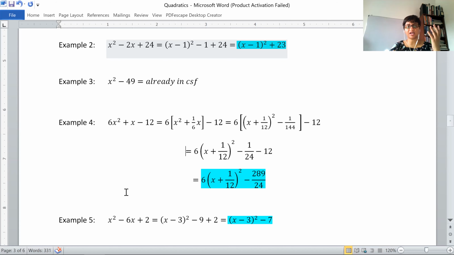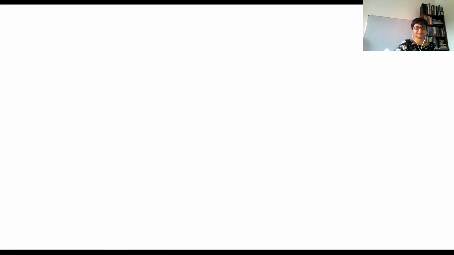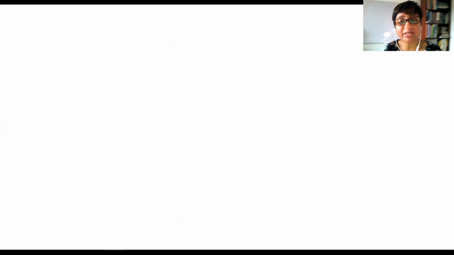So Aisha, you give me an expression. The weirdest, the ugliest looking quadratic, and let's turn it into complete square form. Because any quadratic, I told you in the beginning, you give me any quadratic, I can turn it into complete square form.